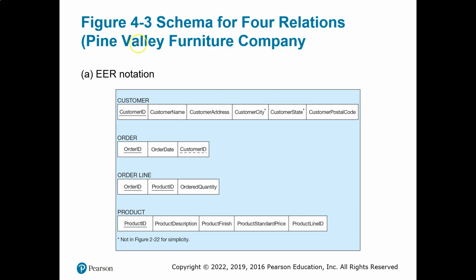This is an important rule for you to follow. Primary key field, always underlined. In your ER diagram, relation names always singular, always all caps. Now, there's no Microsoft or Oracle SQL rule that says do this or epic fail.